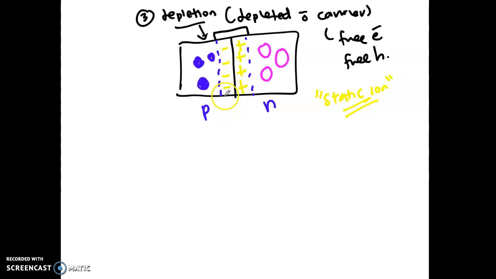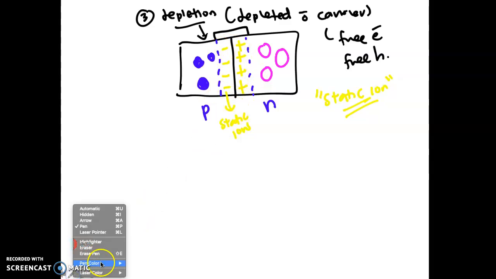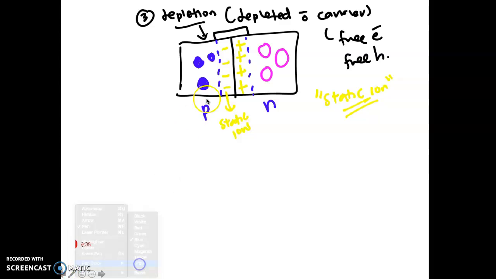These charges are what we call static ions, either donor ions or acceptor ions. While we have these charges, they will create what we call an electric field, from the positive charge to the negative charge.